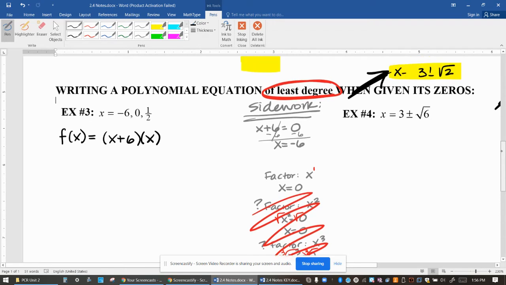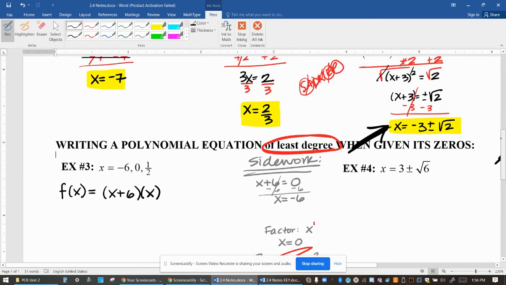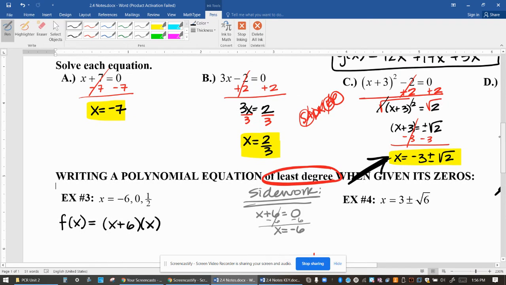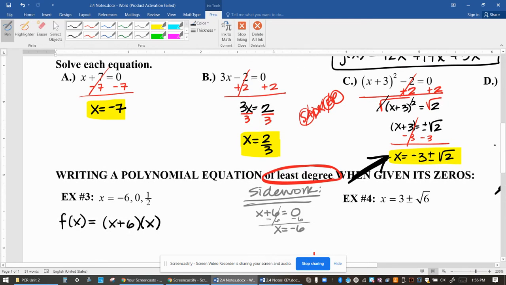Now, think back to letter B, where our answer was a fraction, x equals 2/3. So I want you to kind of notice a pattern. The leading coefficient ends up in the denominator, and the number that was added or subtracted changes signs and ends up in the numerator of your answer, okay?